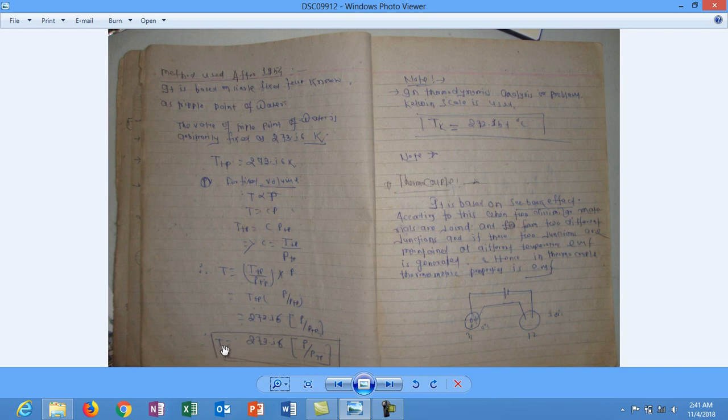Therefore T = 273.16 × P / PTP. This is an important formula, where P is the pressure corresponding to this temperature, and PTP is the triple point pressure corresponding to the triple point temperature.